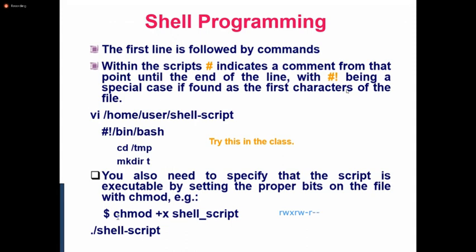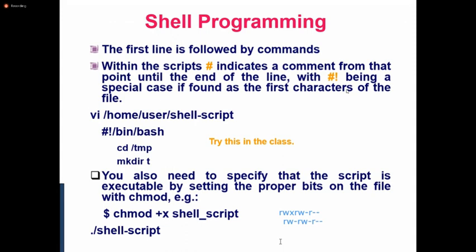So if you type chmod plus x and the name of the file, then if you didn't have permission before, like if the permission was like this, so even you, the owner, do not have permission.